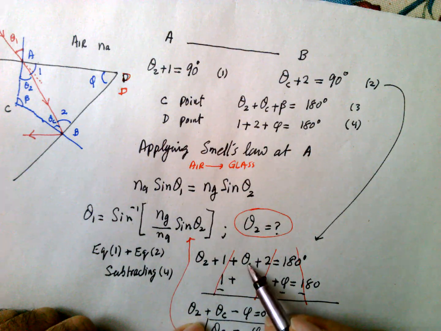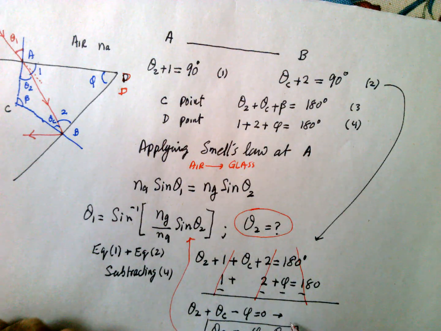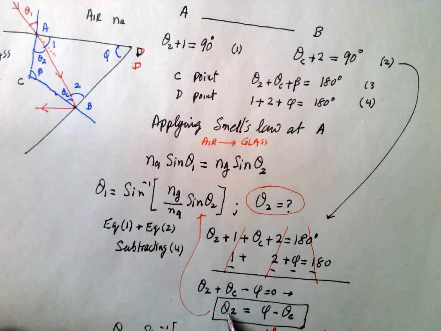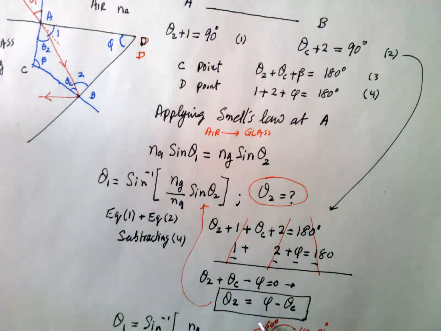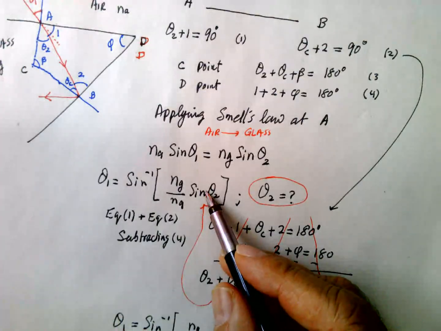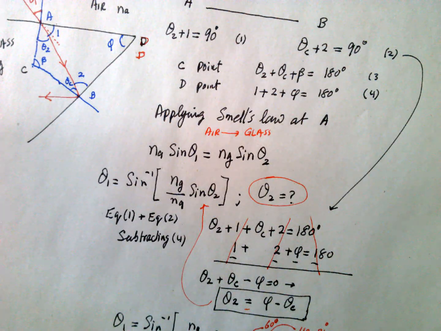Theta 2 plus theta C minus phi is equal to 0, or theta 2 is equal to phi minus theta C. So that's it. If you substitute this value into this one, then you will get theta 1 equals the arc sine of Ng over Na times sine of phi minus theta C.